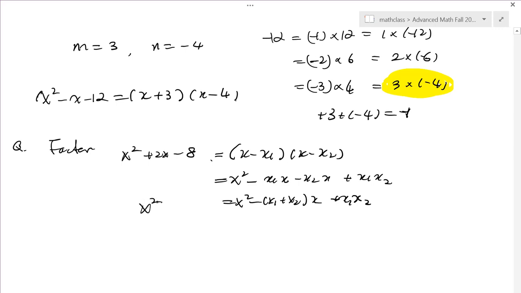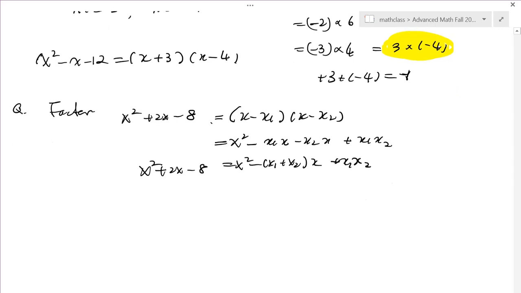Okay, so x squared plus 2x minus 8. You compare both sides. I think the sum of those two numbers should be equal to -2 because there's a negative sign in front of that. And the product of those two numbers is going to be -8.